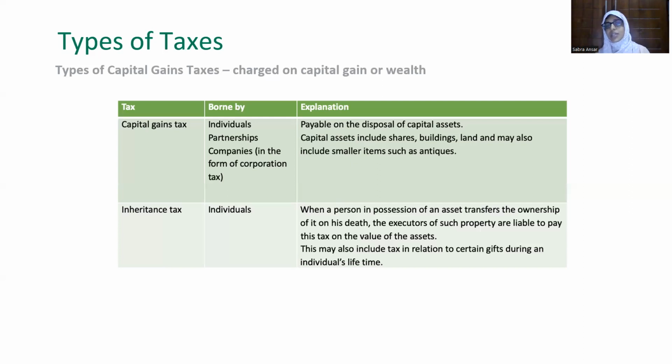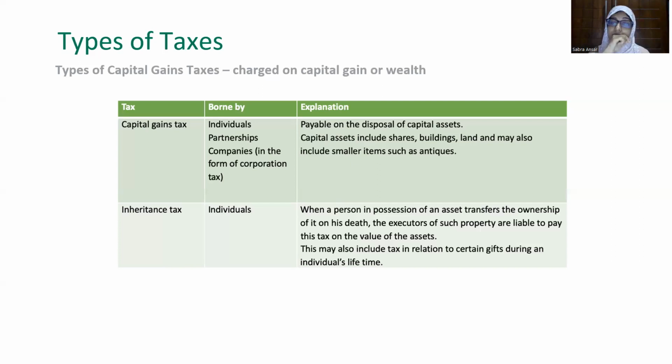So when a person in possession of an asset transfers the ownership of it on his death, the executors of such property are liable to pay this tax on the value of the asset. This may also include tax in relation to certain gifts during an individual's lifetime.